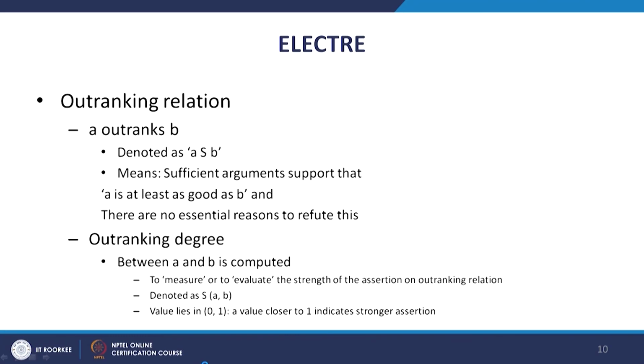Now, let us talk about the outranking relation. In the first phase, as I said, we typically construct the outranking relation. If we say A outranks B, this is the typical assertion that we make in ELECTRE. This is denoted as A S B, as you can see in the slide.